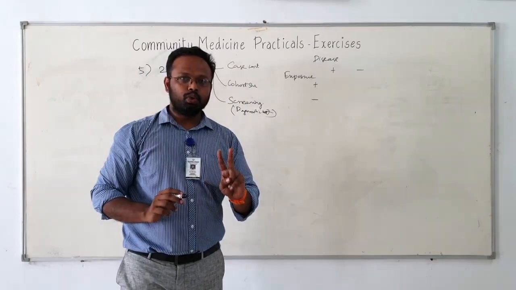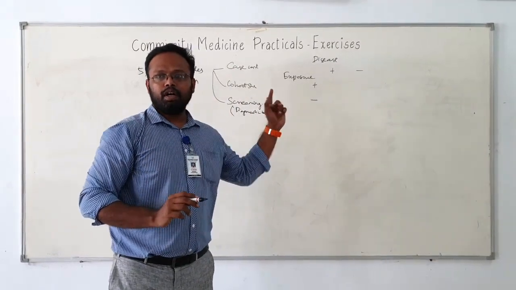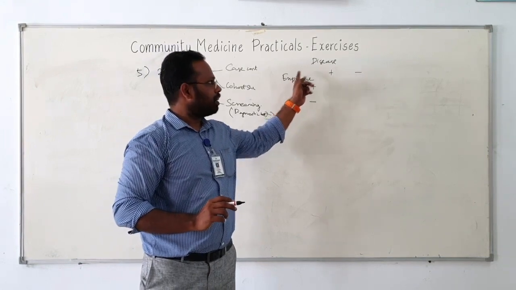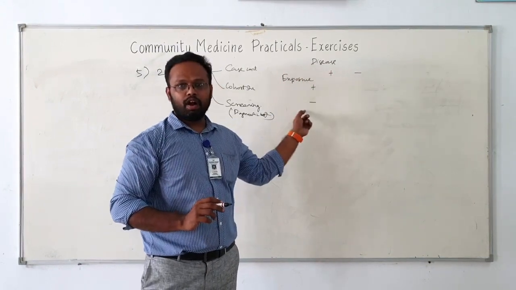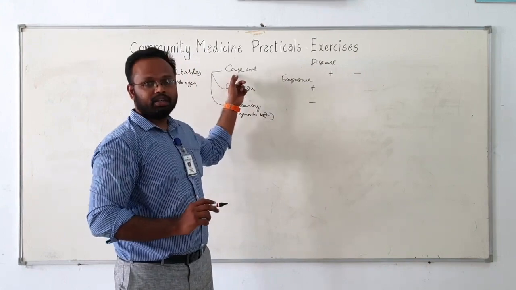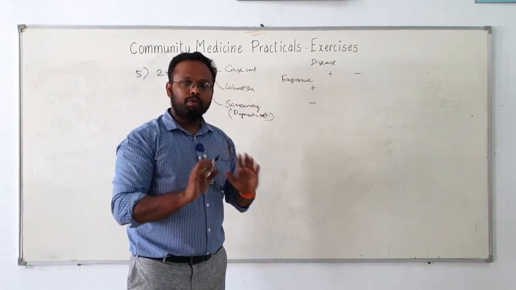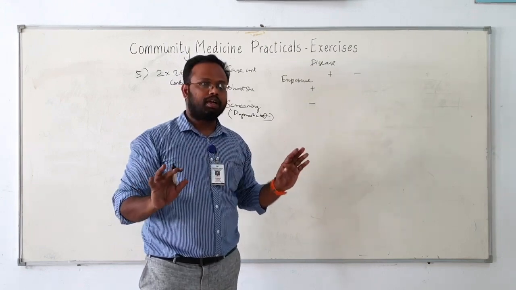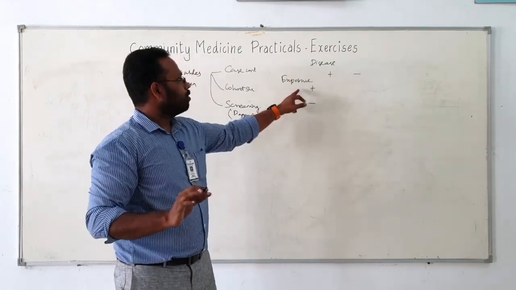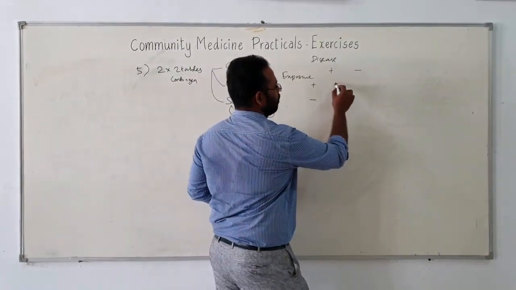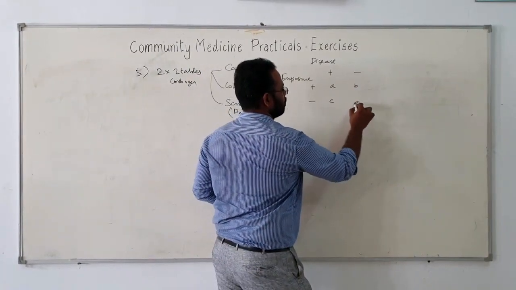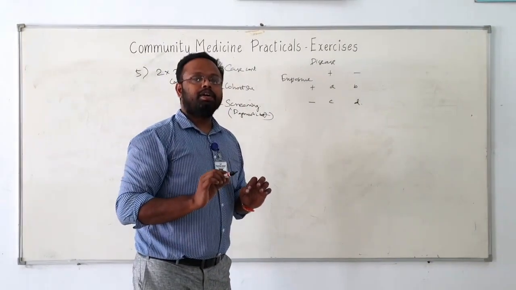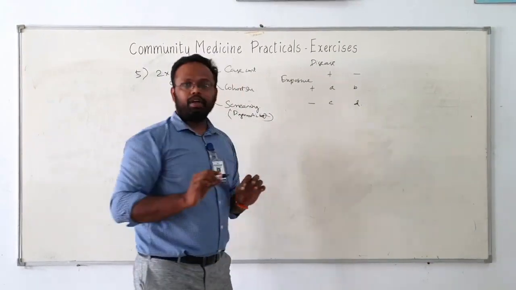So the two rules are: disease on the top, and the column filled with the exposure. Exposure here, outcome there. This is the basic law for a 2×2 table in a case control study. If you can make this table perfectly, then half of the calculations are done. So here we get the particular values A, B, C, D.